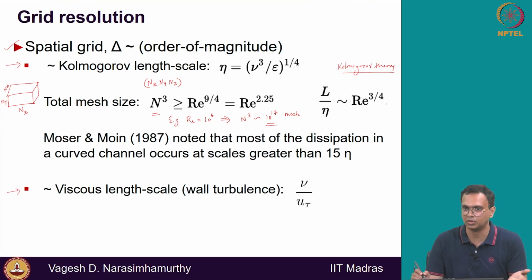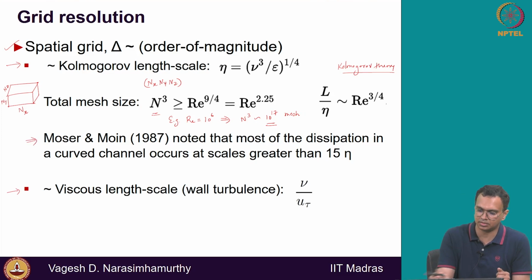No supercomputer on earth is available to do high Reynolds number turbulent flows. So Reynolds number is the limitation here. We can do only low Reynolds number turbulence using DNS. And some of the studies, again literature, note that the actual dissipation does not occur at the Kolmogorov length scale eta, but something like 15 eta.